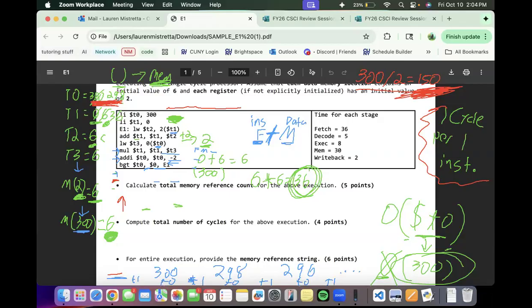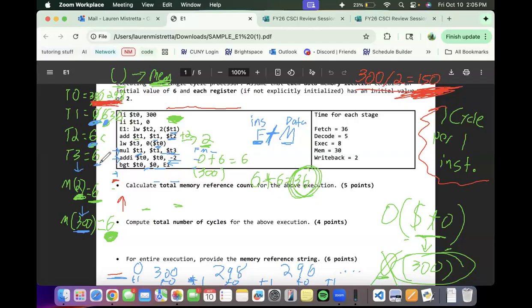Now, T1 is a little bit more confusing, but let's trace what's going on here. We know that the first time we go through it, T1 is 0. That was the first value of T1. We then changed that to 6 because we had added T1 and T2 together, and T2 had a value of 6. Then we also multiplied it by T3.